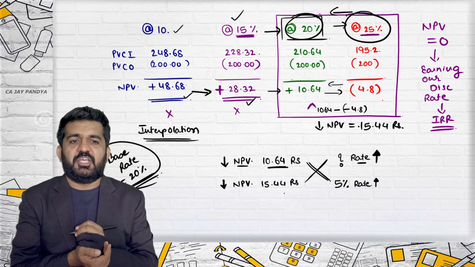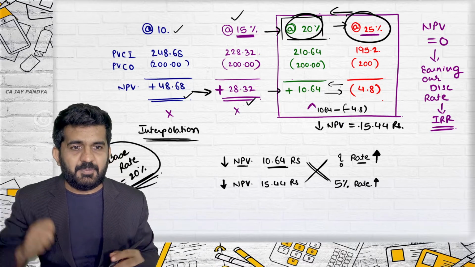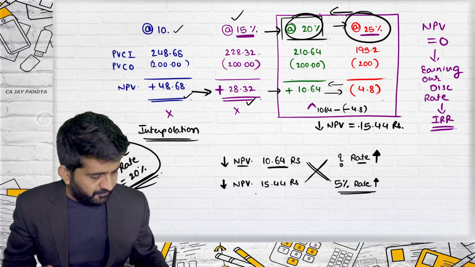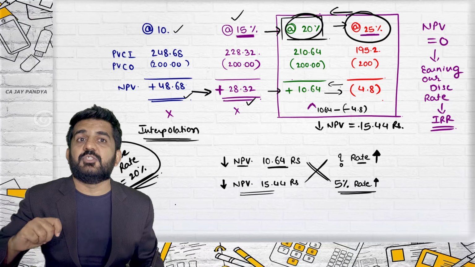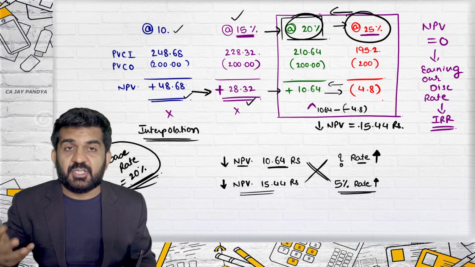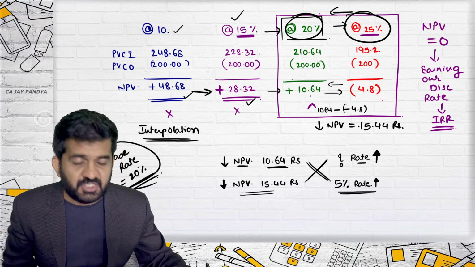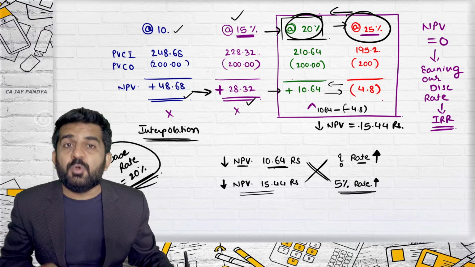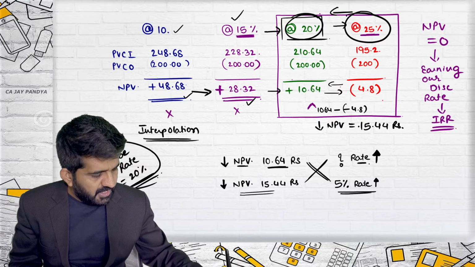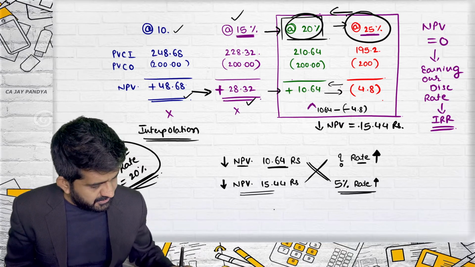The cross multiplication. Simple. Once again I am explaining. If you increase the discount rate by 5%, your NPV decreases by 15.44. From 20%, where your NPV is 10.64, you want to decrease it only by 10.64 because you want to make NPV 0.